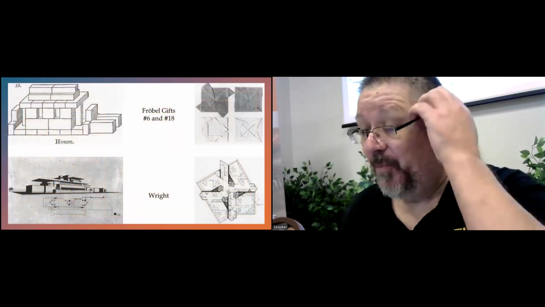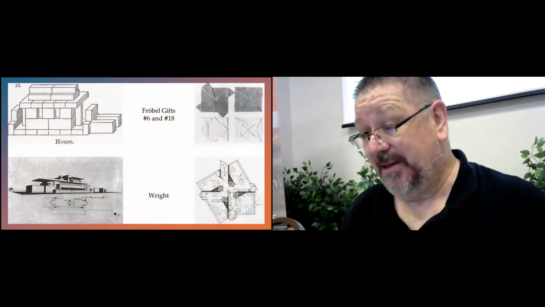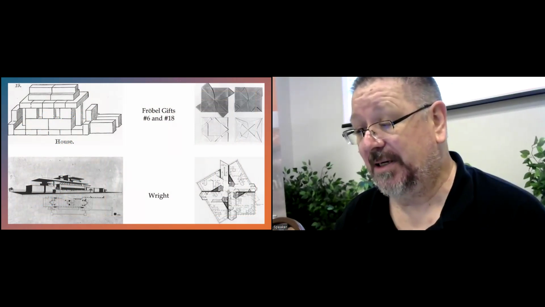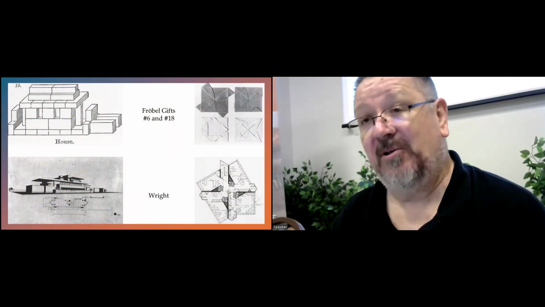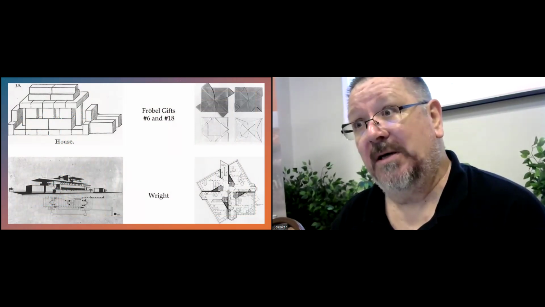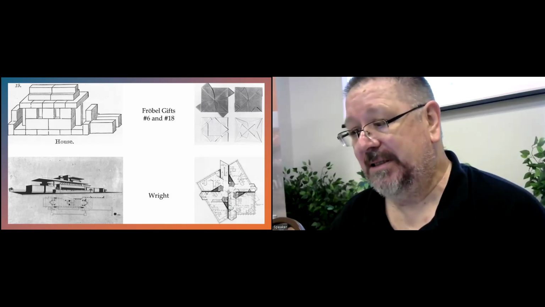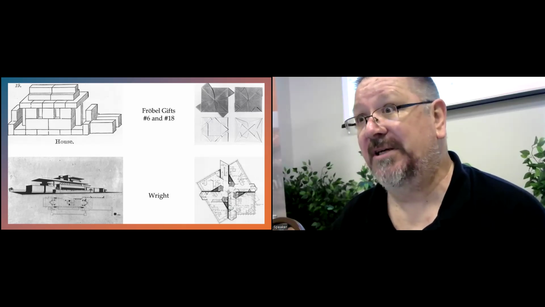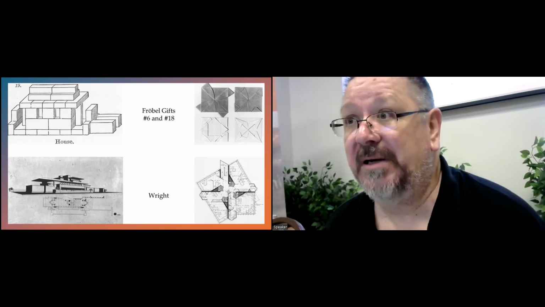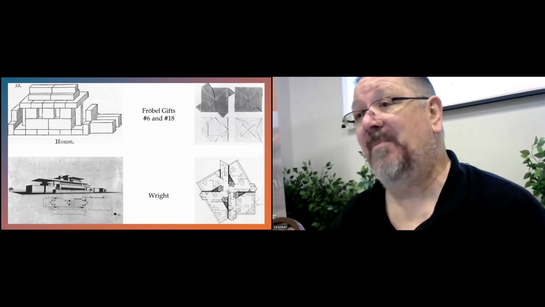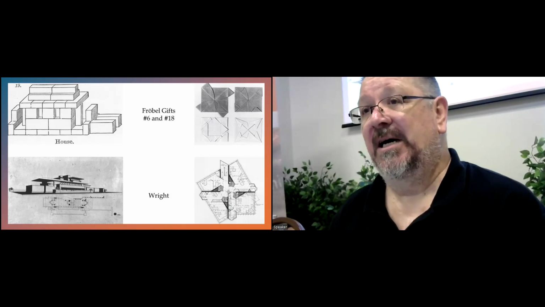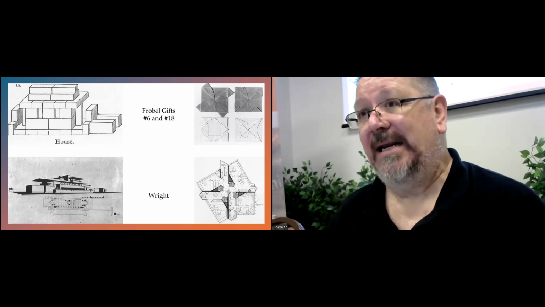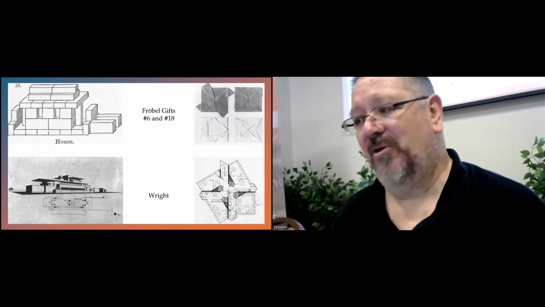And one of the people that is oftentimes talked about with this is Frank Lloyd Wright. He was a big proponent of these Froebel's gifts. He went to a Froebelian kindergarten when he was a kid, and many people make very huge links between Frank Lloyd Wright and his use of these Froebel blocks.